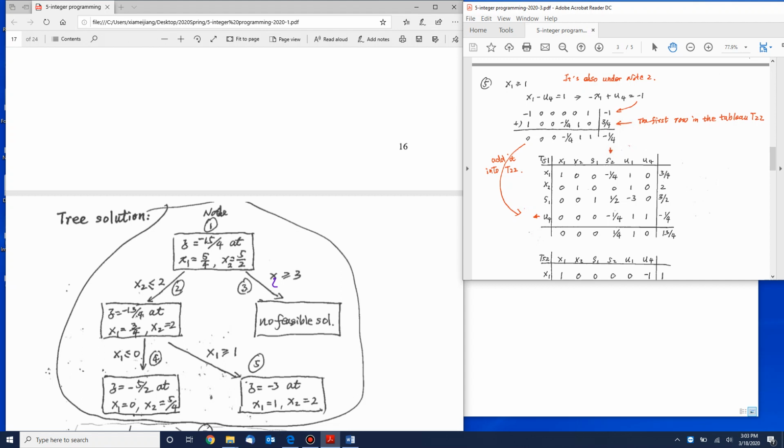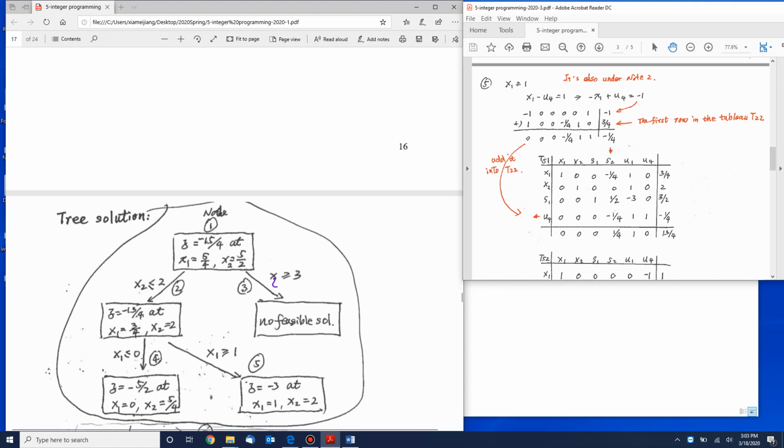Here notice that on node 2, we already have a slack variable u1, so we have to include it.